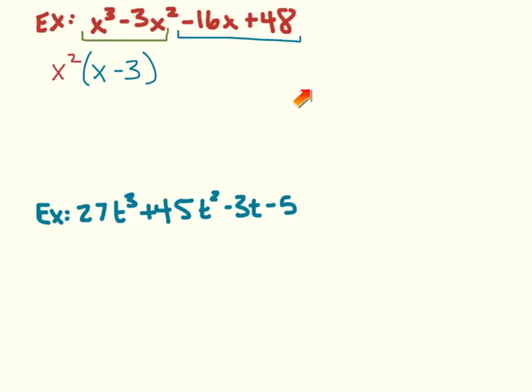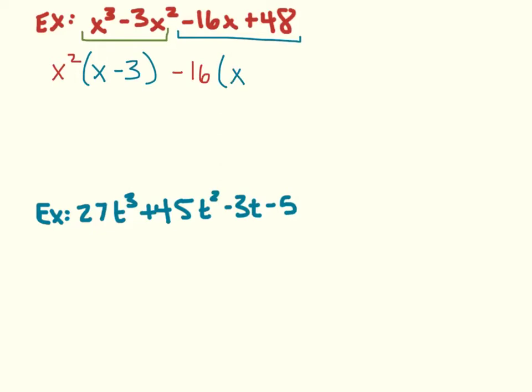So, what do negative 16x and positive 48 have in common? Negative 16 goes into 48. So I can factor out a negative 16. And if this is negative, it's almost always you factor out a negative. So, minus 16, and left over I have an x.